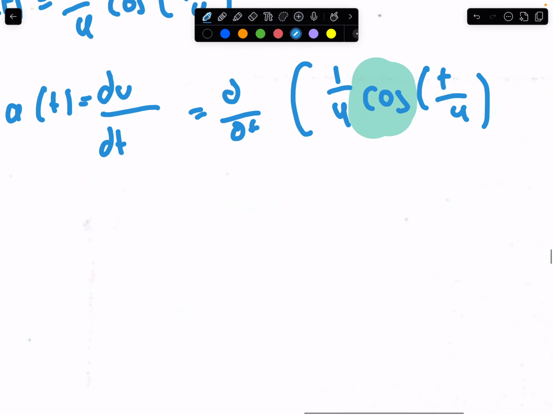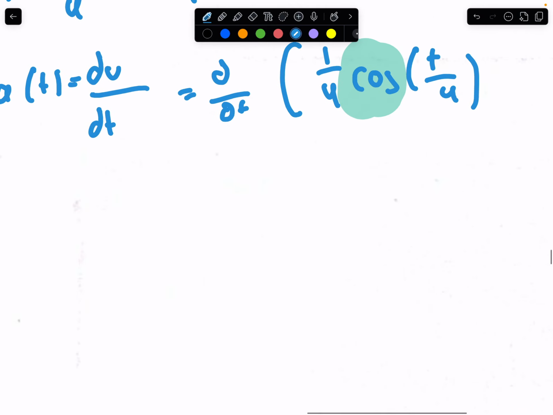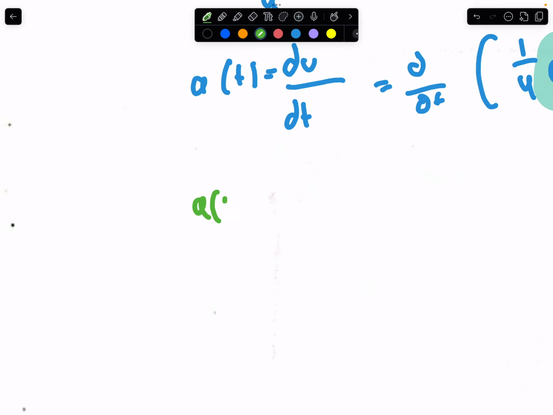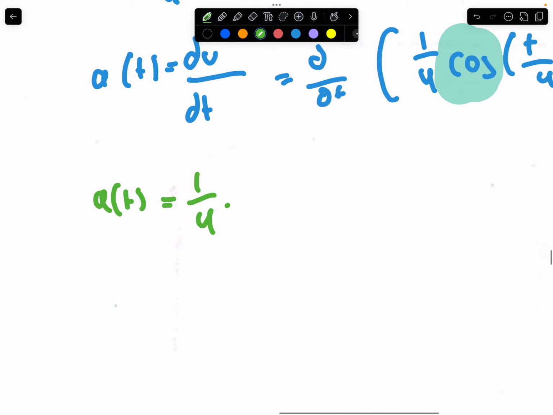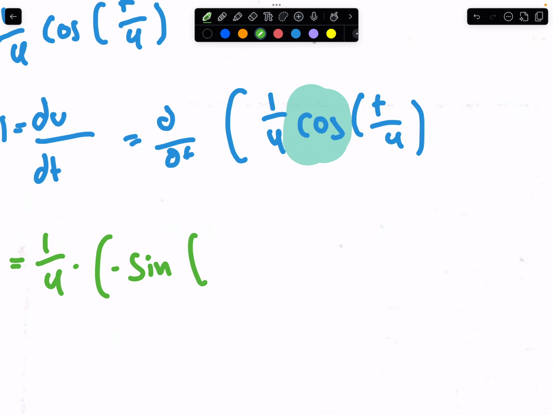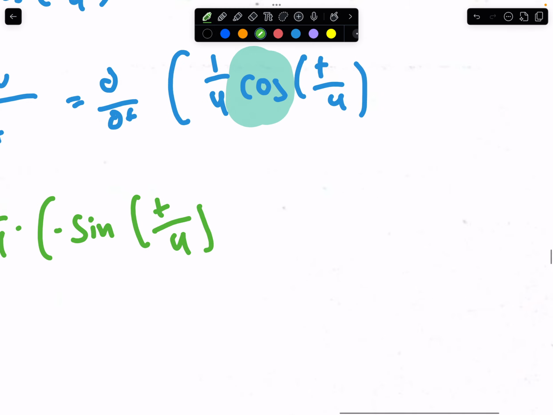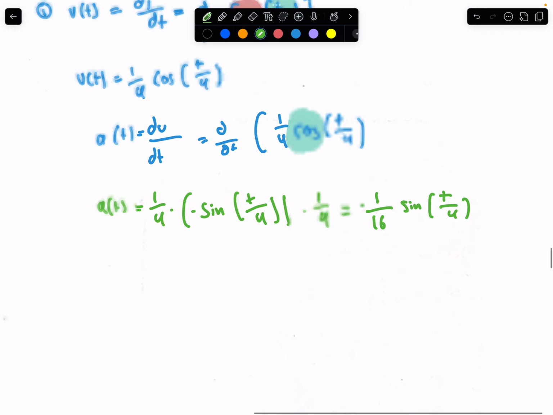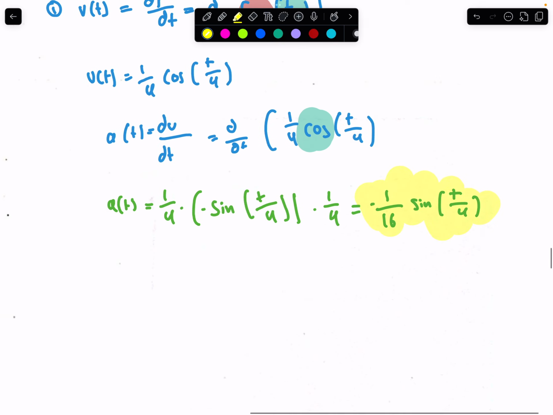So a of t is equal to 1 over 4 times negative sine t over 4, times 1 over 4, which is negative 1 over 16 sine t over 4. So this is our final answer for A.